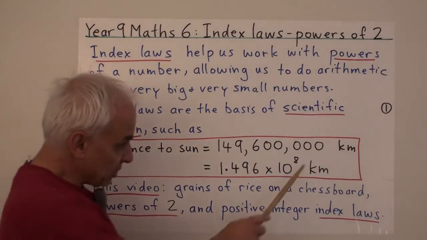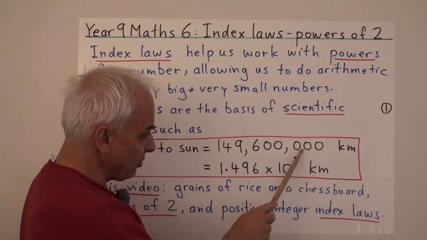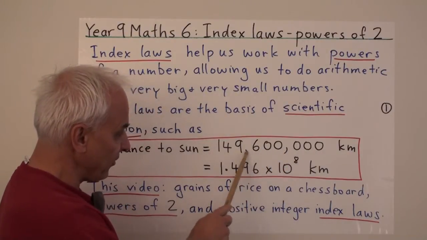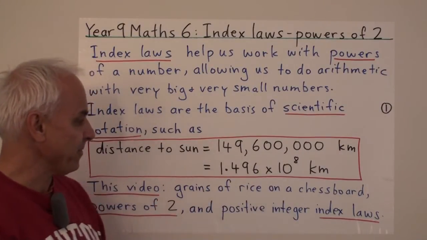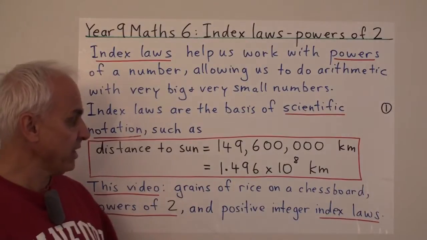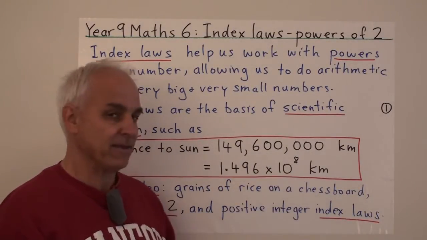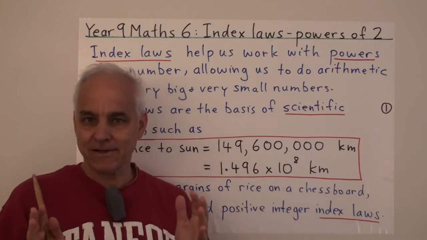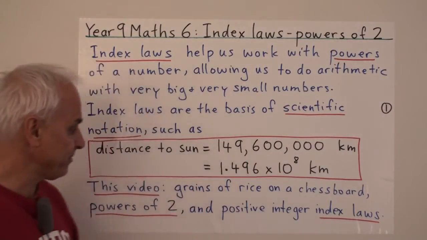And the 8th is because the decimal point has to be moved over 1, 2, 3, 4, 5, 6, 7, 8 places to get it over here. So we're going to be explaining this later on, but the point is that this expression 10 to the 8th allows us to compactify big numbers, or sometimes very small numbers as well.